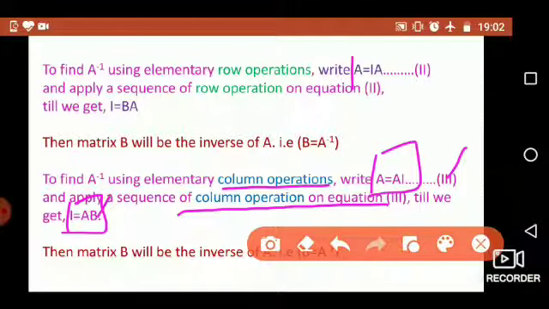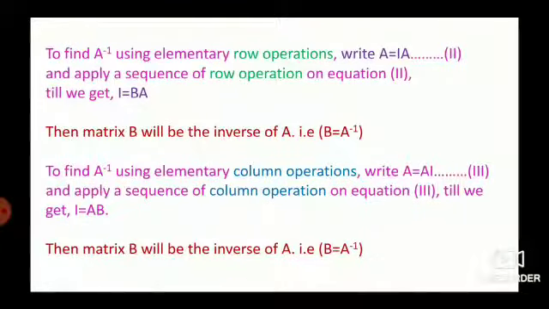Then matrix B is called the inverse of A, and it is denoted by, once again, B is equal to A to the power minus 1. By using these equation number 2 and 3, one can use the elementary row operations or elementary column operations to find the inverse of a matrix A.